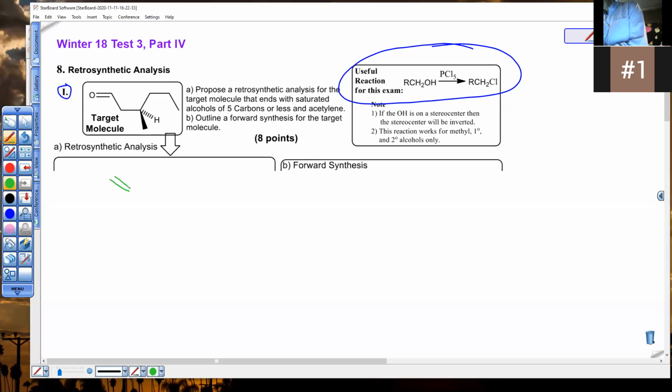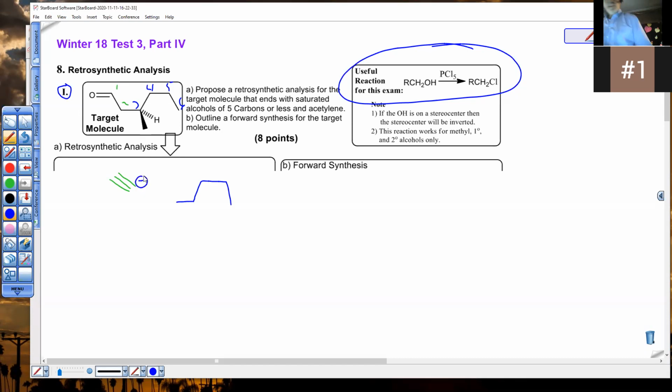There's the 2 carbons from acetylene. That corresponds to these 2 carbons, and everything else comes from the other molecule. 3, 4, 5, 6. And we better have a halogen on here. And if you choose your own halogen, remember that had to be acetylide.